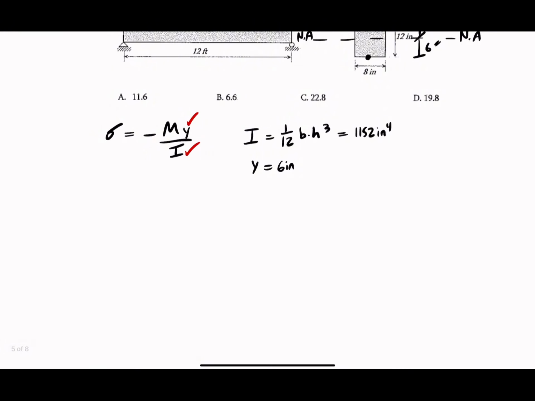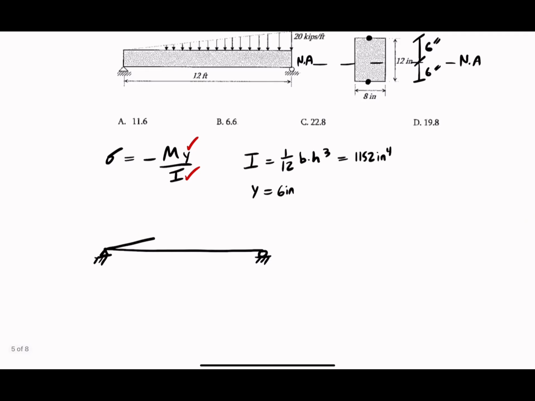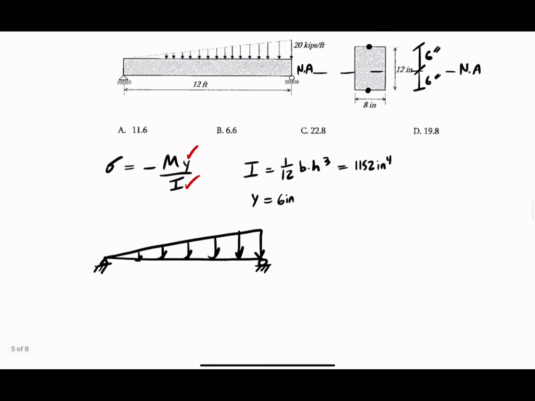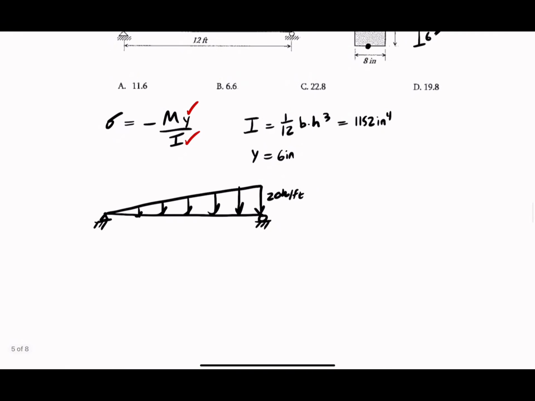So we have this beam, we have this pin, this roller, we have this triangular distribution, and we have this. We have the 20 kips per foot, and we have the 12 feet.